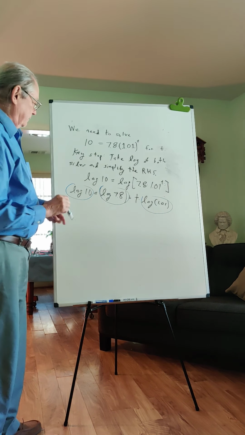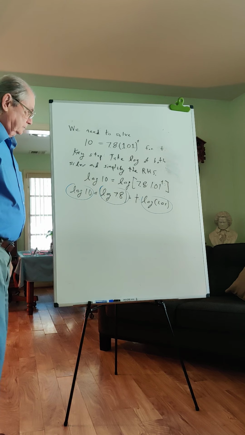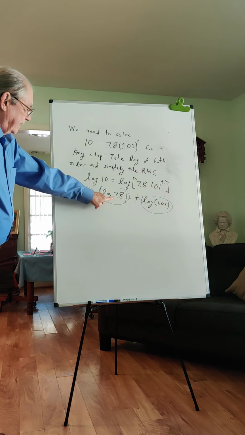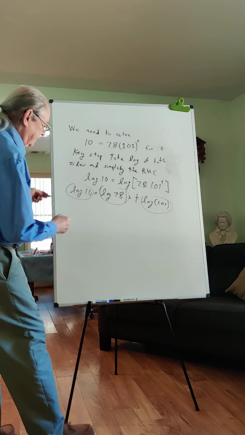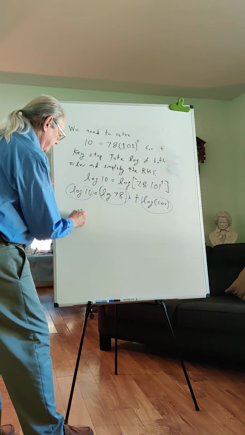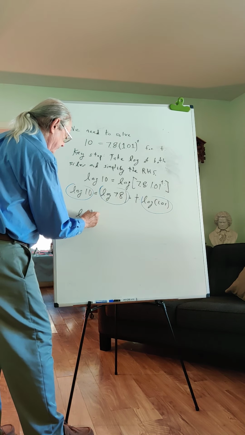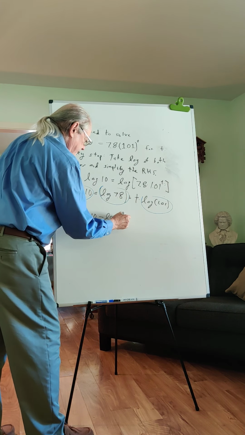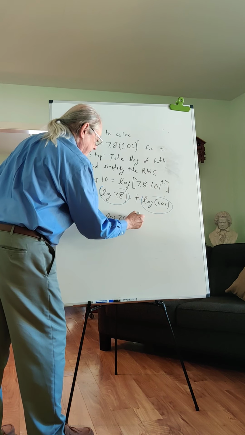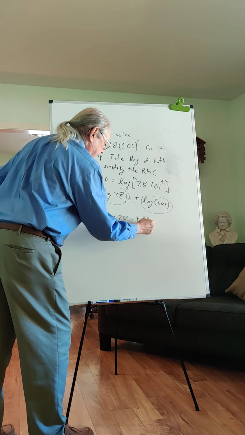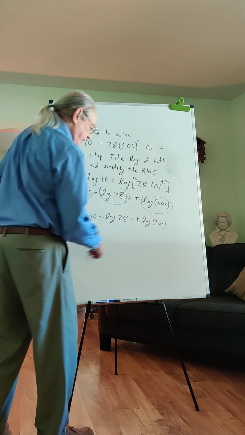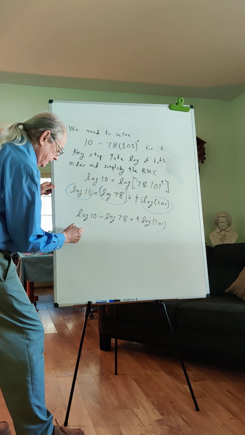So this is quite a simple equation. How do we solve it? Well, we subtract log 7.8 from both sides, and then we divide both sides by log 1.01.